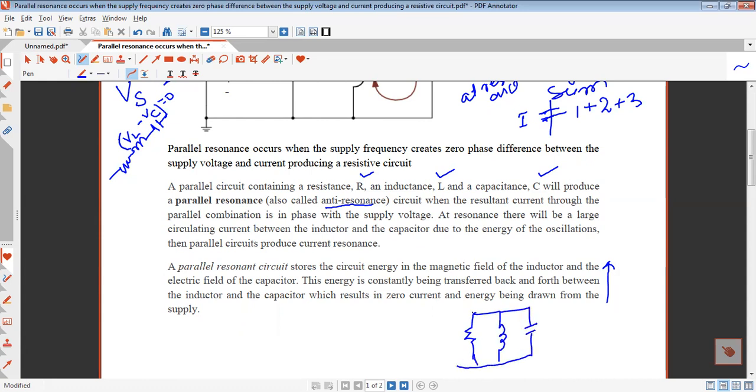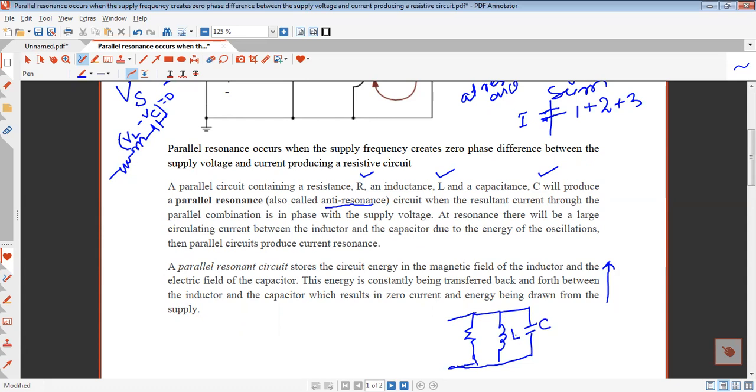So whatever energy is there in the capacitor and inductor, it will transfer from here to here and here to here, so that net energy generated in this line will be zero.